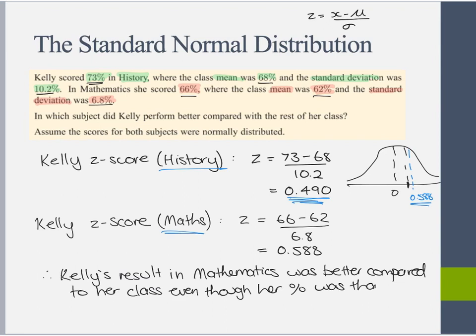I missed it, that should say was lower. My brain was going quicker than history. And you could go on to say because her z-score was higher. So it's always good to finalize these questions, especially when there's a scenario in the question, with a sentence finalizing your answer.